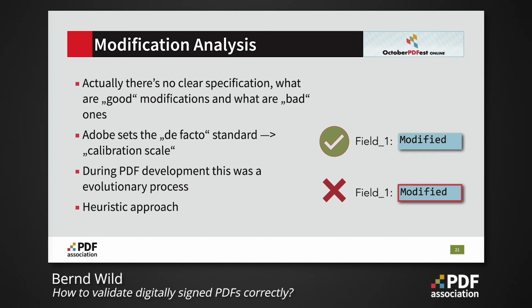For everyone else, this is more or less a heuristic process, which may lead to more or less discussions with customers and users, or even to generous and tolerant interpretations, which in turn are more vulnerable to malicious attacks. The general goal is to avoid the green check mark for a non-compliant modified signed PDF.